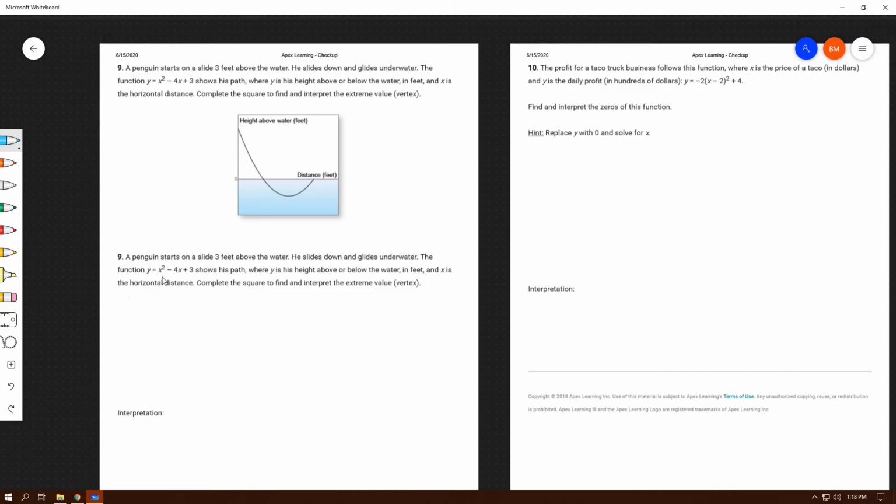So I am going to subtract 3 from both sides. I'm going to complete this square, which is that process, which means I have to add a 4 to both sides.